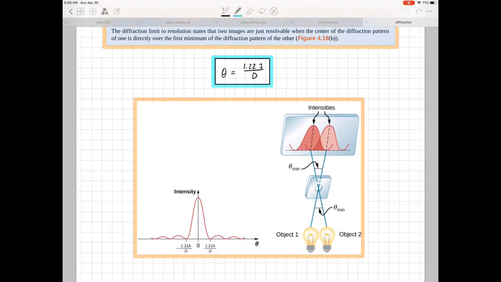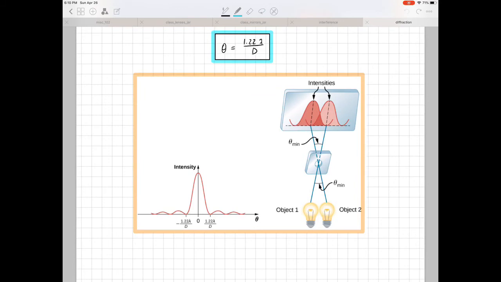That's easier seen down here in this figure, where I've got two objects, the light passing through some circular aperture, and then the intensities of light seen on the screen. There's going to be that standard diffraction pattern where there will be a central peak, and then a first minimum corresponding to the destructive interference.